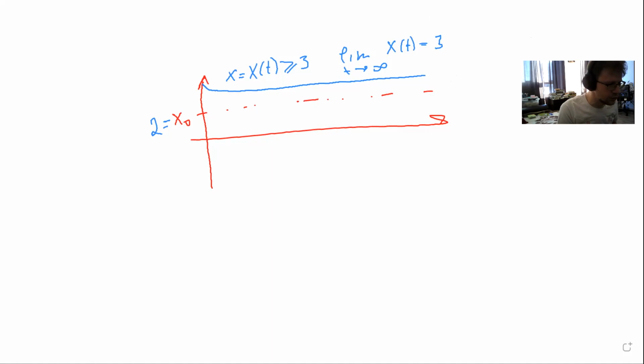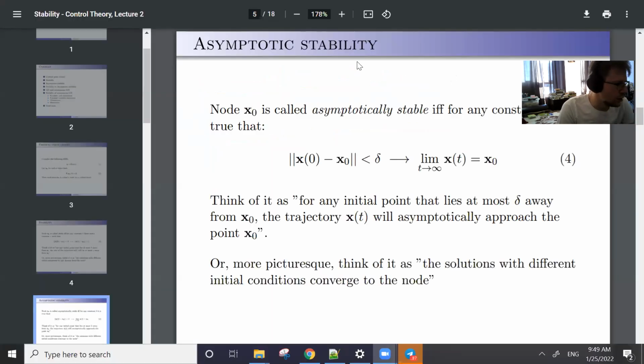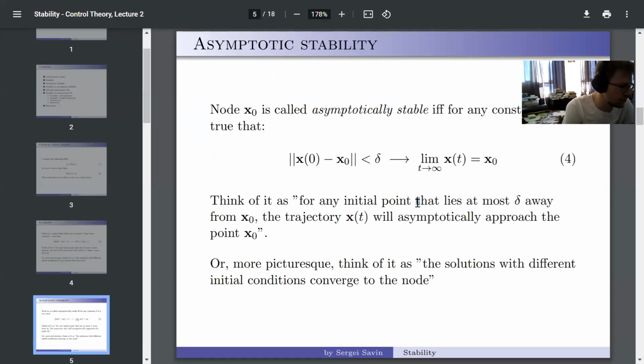All right. Go back. Okay. So this is the idea of being asymptotically stable. It means that the solution asymptotically approaches x naught. So not just that it doesn't diverge, not just that it kind of gets closer, but that as time goes towards infinity, it gets exactly to x naught.